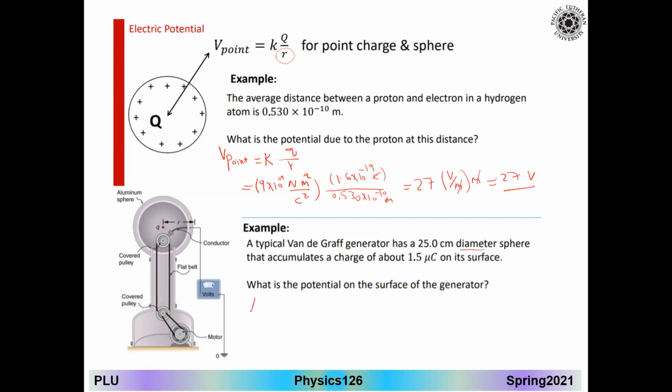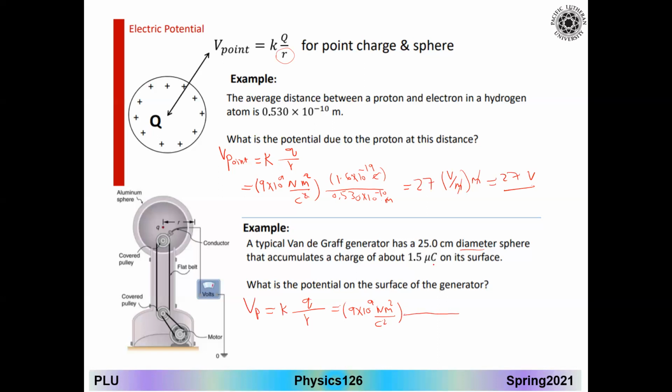So here is V at this point, the same formula: V equals K Q divided by R. Here is our value right now: 9 times 10 to the 9 newton meter squared divided by coulomb squared. You don't have to memorize all those numbers. In the exam, those constants will be provided for you.